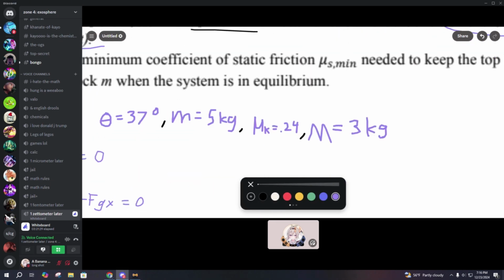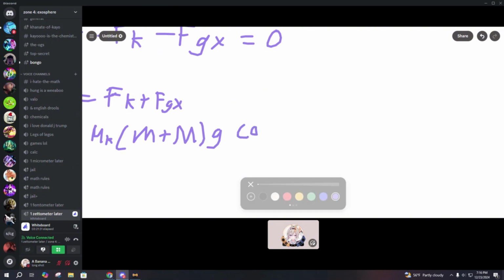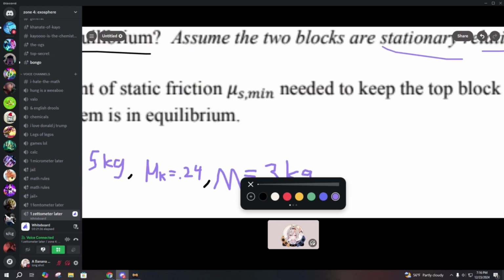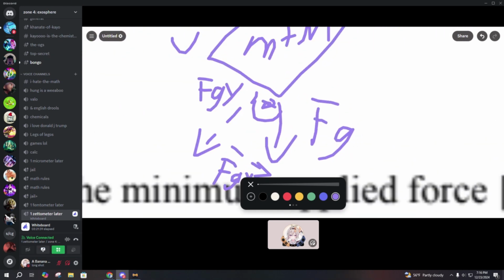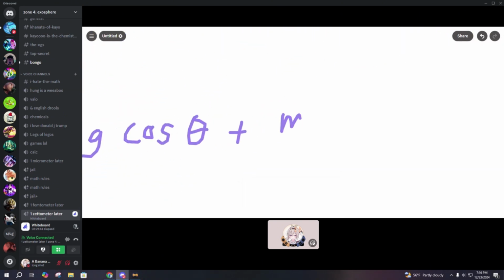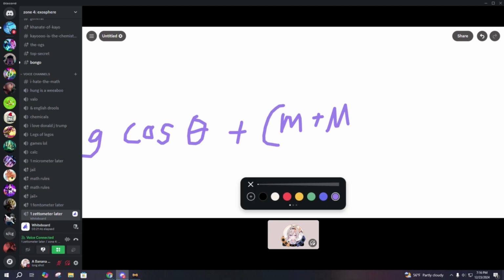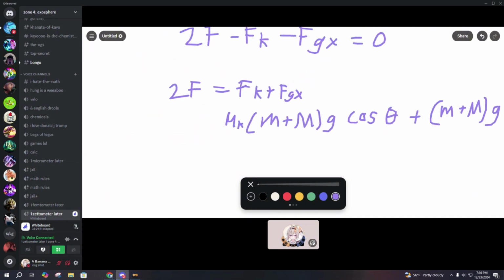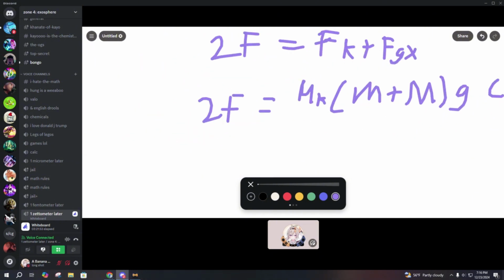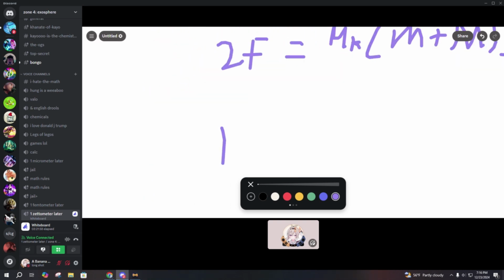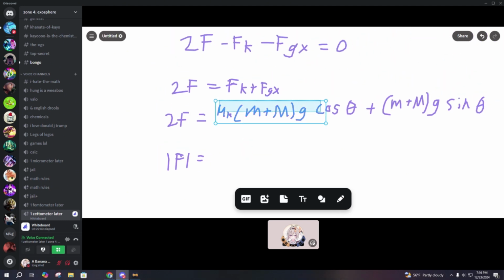Well, it's adjacent to the angle, so it's going to be cosine, plus Fgx. Same thing, Fg. Now it's opposite to the angle, so it's going to be sine theta. Right? And that's 2F. It wants the magnitude of the minimum applied force, so I'm going to divide both sides by 2. It's going to be equal to this over 2.